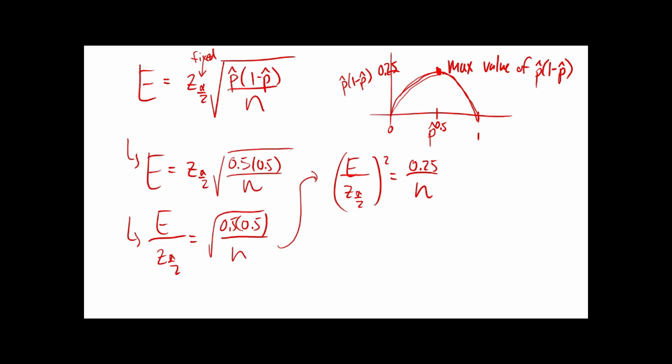And then how would you go from here? How do you solve for n here? I need to get it out of the denominator basically, right? So I need to multiply over here, and you can cross multiply here. What you're going to end up with is basically n times 0.25. When that comes to the other side, it's going to flip. And then this is the formula we use.